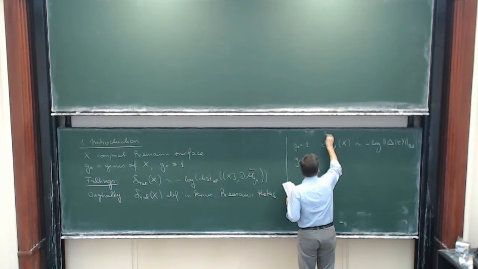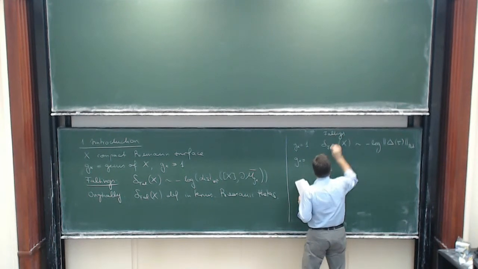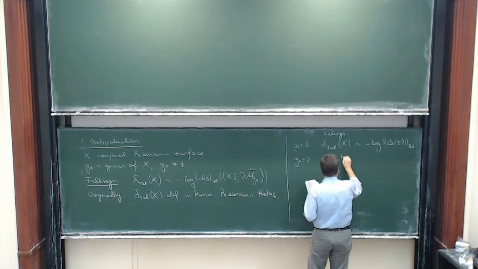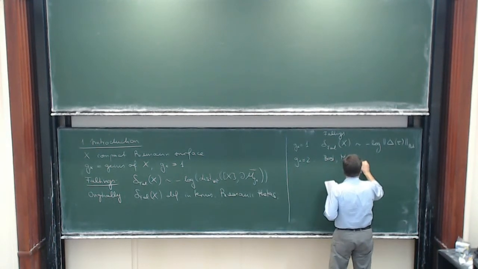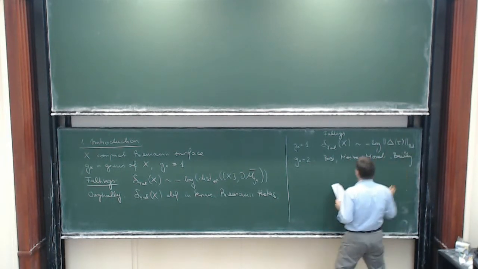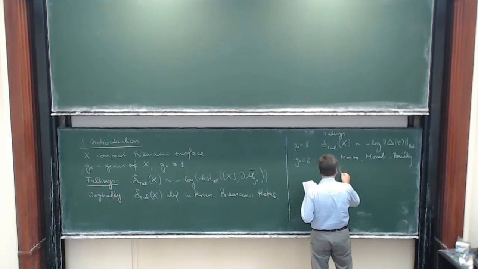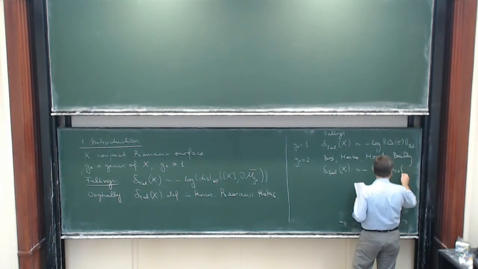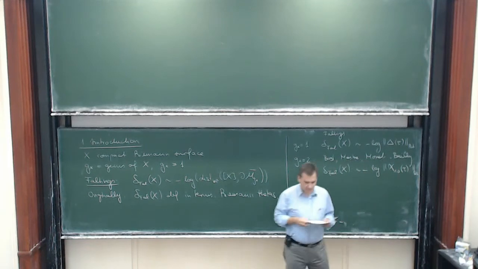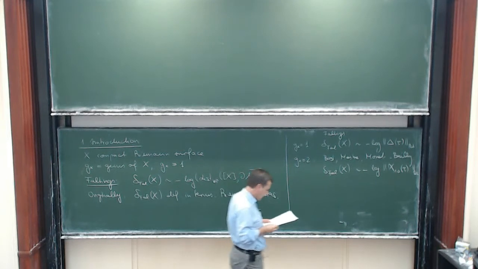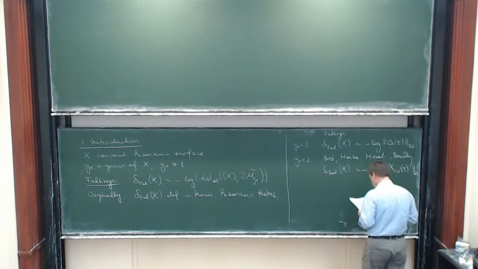So this was Faltings in his paper already, and then for g equals 2, Jean-Benoit Bost with Mestre and Moret-Bailly related Faltings delta of X for curves of genus 2 to minus log of chi10 of the period. Chi10 was defined by Sagier in his talk as the product of the squares of the 10 even thetas.